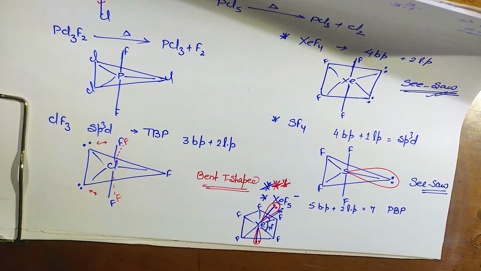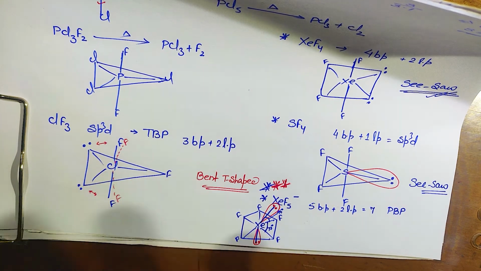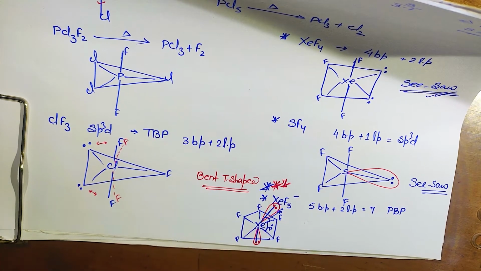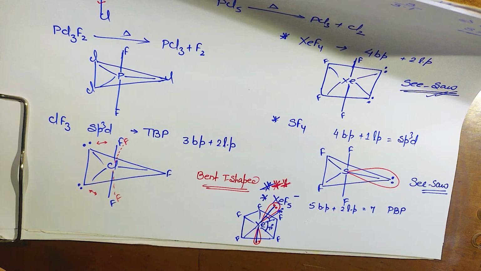Okay, so this is all about the bent rule. If somewhere it is asked whether XeF5 minus doesn't follow the bent rule, your answer will be no, it's not like that. It is also following the bent rule, but it will acquire the position where it is getting more space, and on the equatorial position it is getting less space, and that's why it will shift to the axial position.